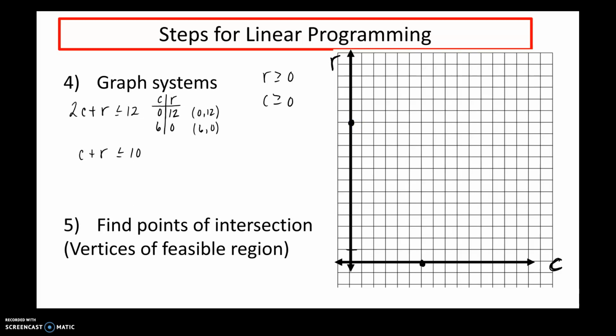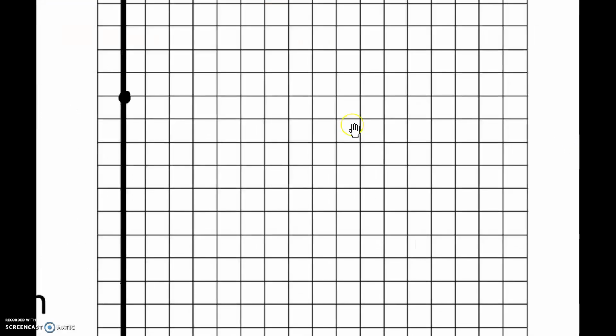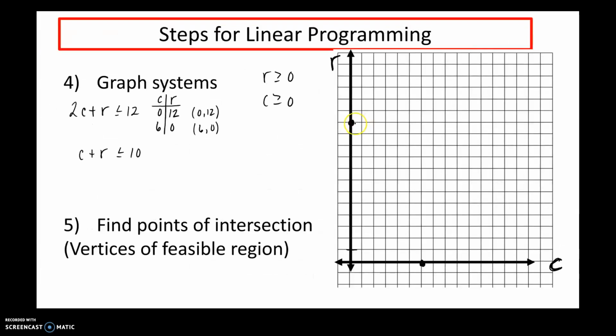Do these in class and you can use a straight edge to connect them. It helps you that much more with finding the point of intersection without having to do much more work. Okay, using the same method, I'm going to find my x and y intercepts for my second. So when I'm not making any circular rugs, 10 for rectangular. If I'm not making any rectangular, 10 for circular.